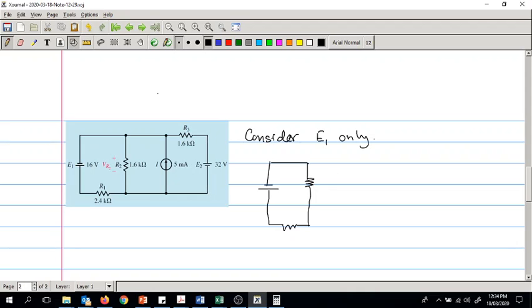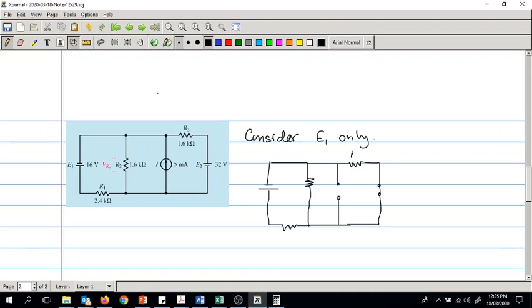Now the current source is removed, meaning that you have an open circuit there. I'm again drawing a mark wherever a source was replaced, to indicate that there was a source there, and this resistor. And E2 is also removed, meaning that there is a short circuit there.